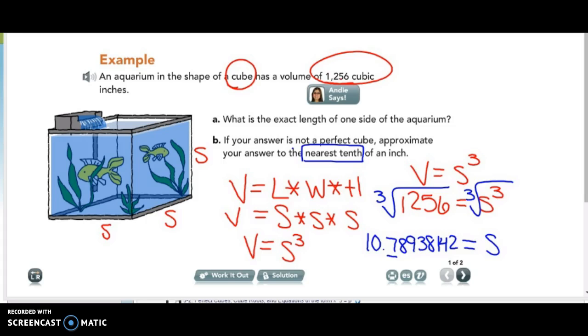So the tenth is right here, and the 8 is going to tell it to go up or to stay the same. And we know 5 or above, give it a shove, 4 below, leave it alone. So that makes this 10.8, and our units are in inches. So 10.8 inches on each side. So this one is 10.8, this is 10.8, and this one is 10.8.